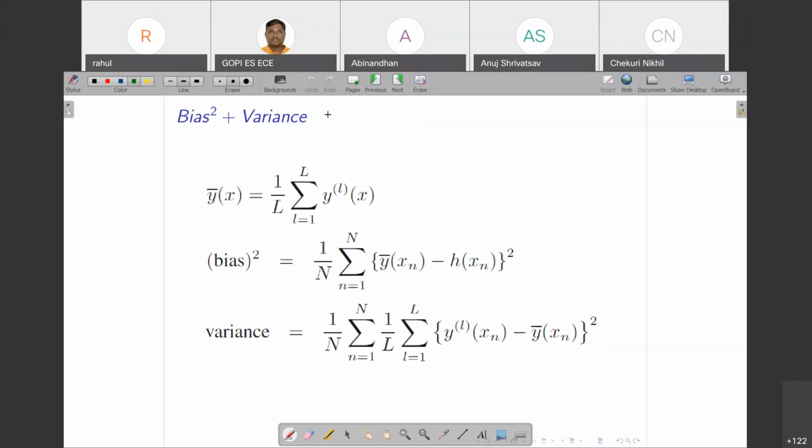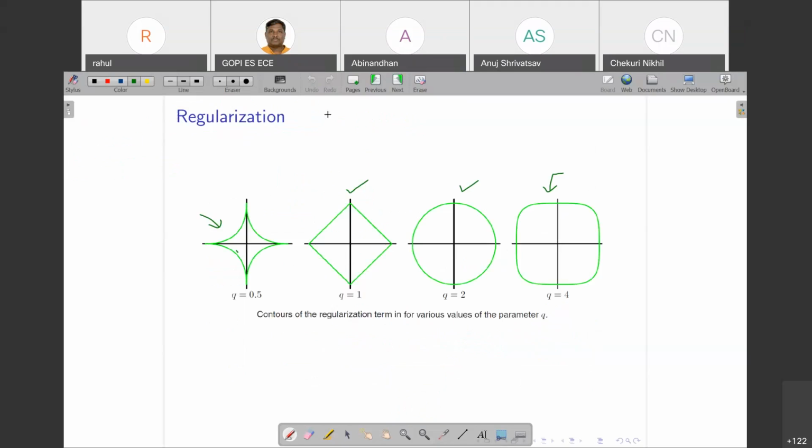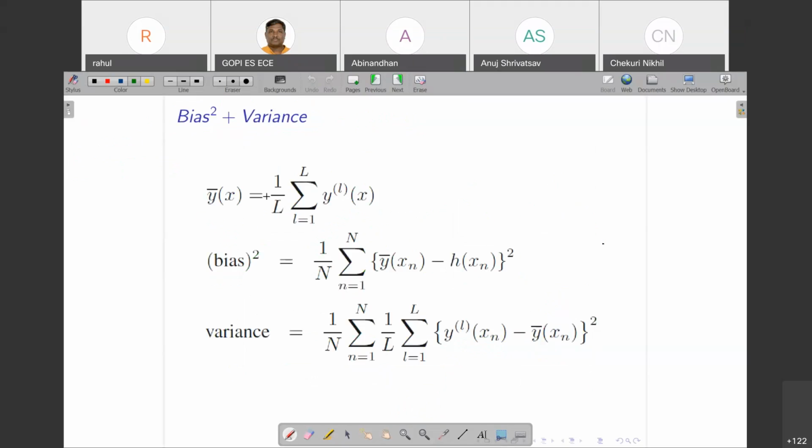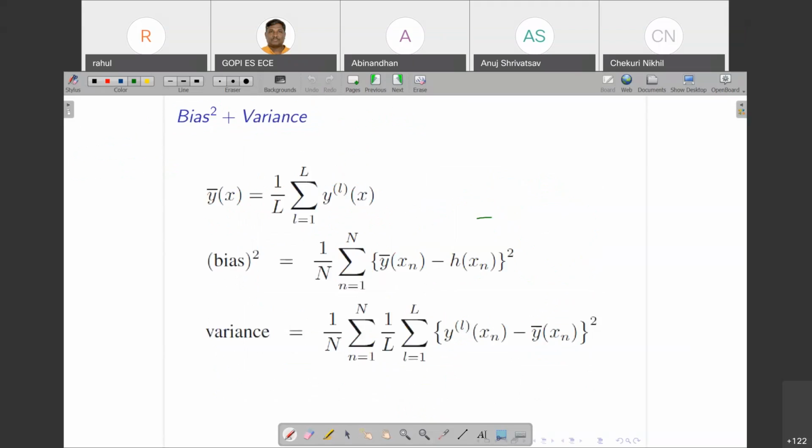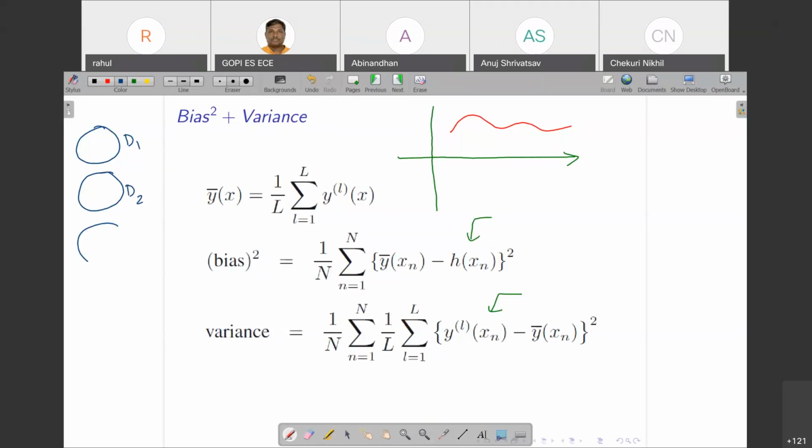To understand this bias square and variance, first of all, how that is computed: this is the bias square and this is the variance here. Let me put it for understanding purposes. Consider only three data sets. This is the one curve using data set 1, and you have data set 2 and data set 3.